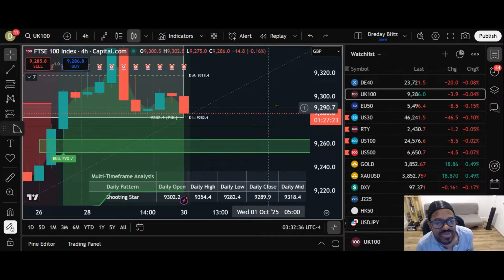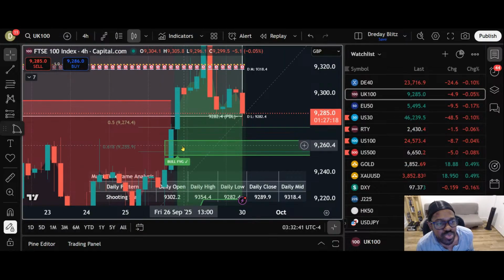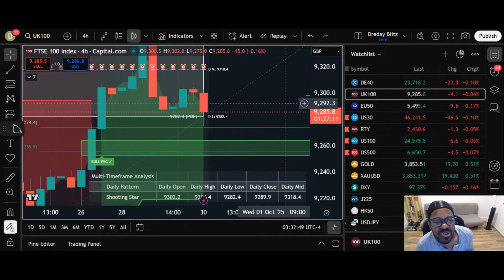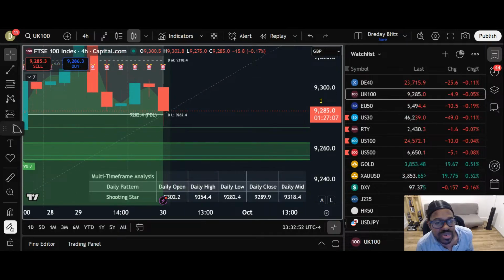So the 4-hour fair value gap is right here. That's pretty much at the 61.8 retracement. It's right in there, so more confidence of seeing the price going lower here.